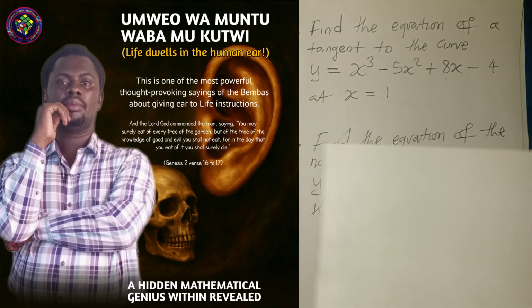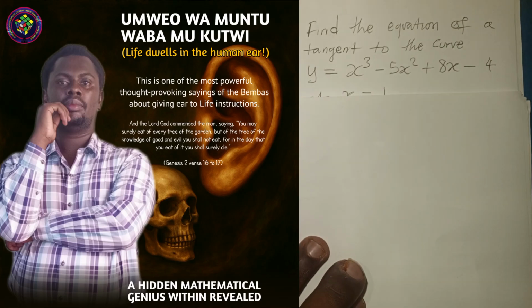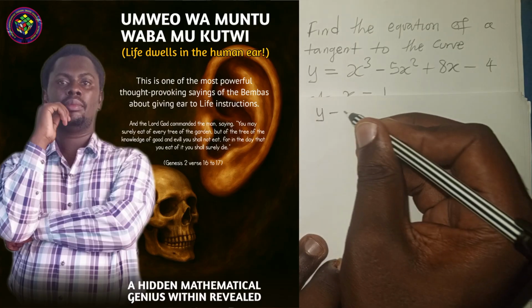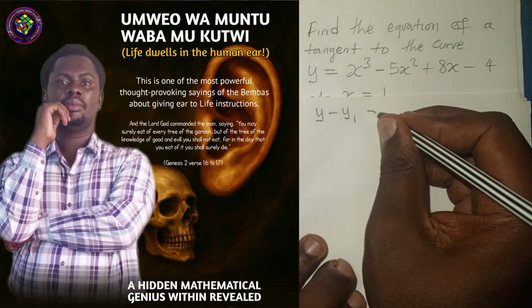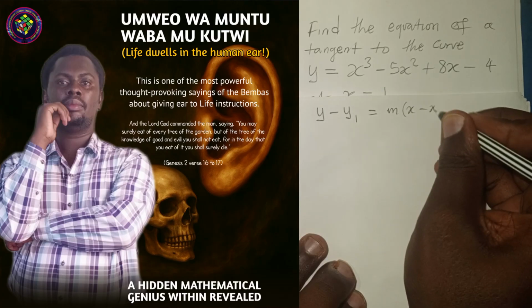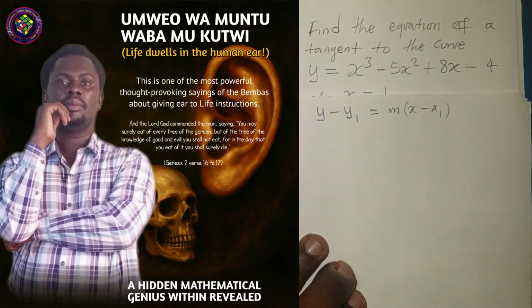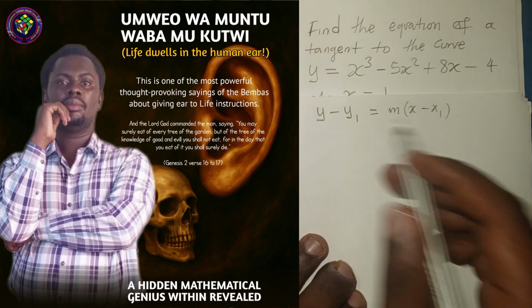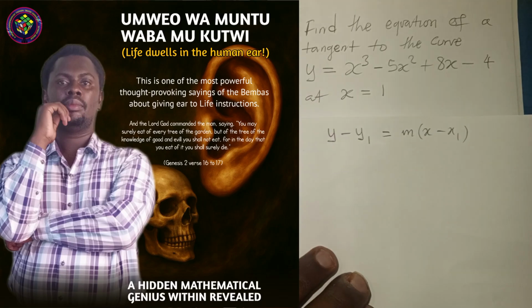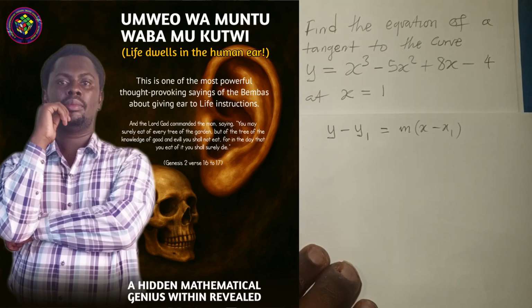So first thing, you need to know that the equation of the tangent is given by the form y minus y1 is equal to m in brackets x minus x1, where x1 and y1 are just the coordinates of the point where this tangent lies, and m is the gradient.